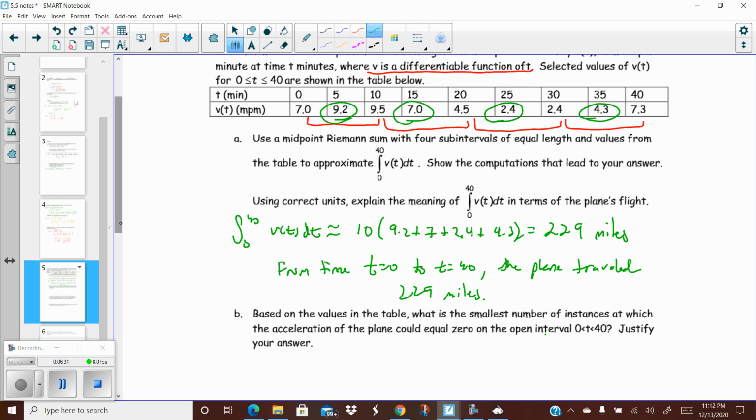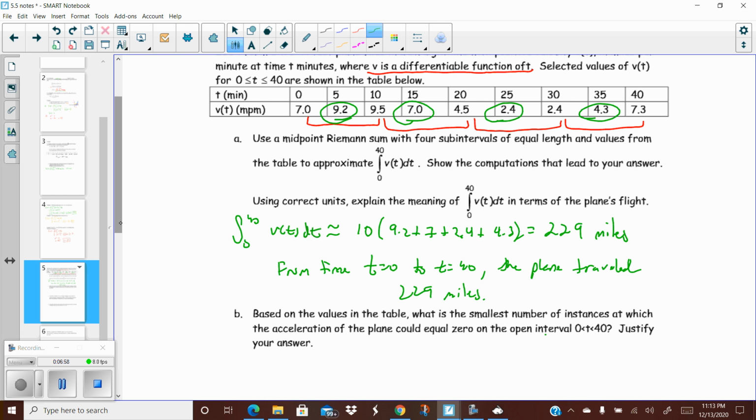So it looks like the velocity goes from 7 to 9.2, so it's increasing, to 9.5, still increasing, back down to 7, so that means we've had a change in the direction of velocity, so that means the acceleration has to have been 0 at some point, so there's at least 1, and still back down to 4.5, then down to 2.4, still at 2.4, but then it starts to go back up again.